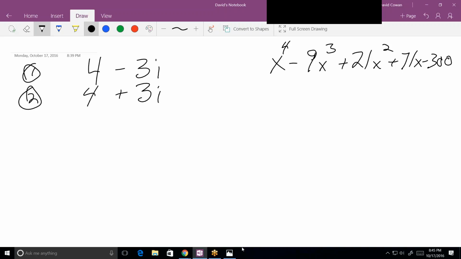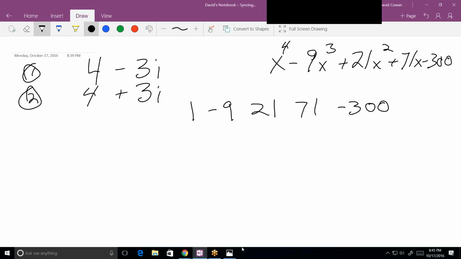Let's lay out, and I'll show you what happens with synthetic division. You have to allow for every power of x. Now this happened to have a term for every power of x, but say this 71x wasn't there, you'd need to put a 0 there.